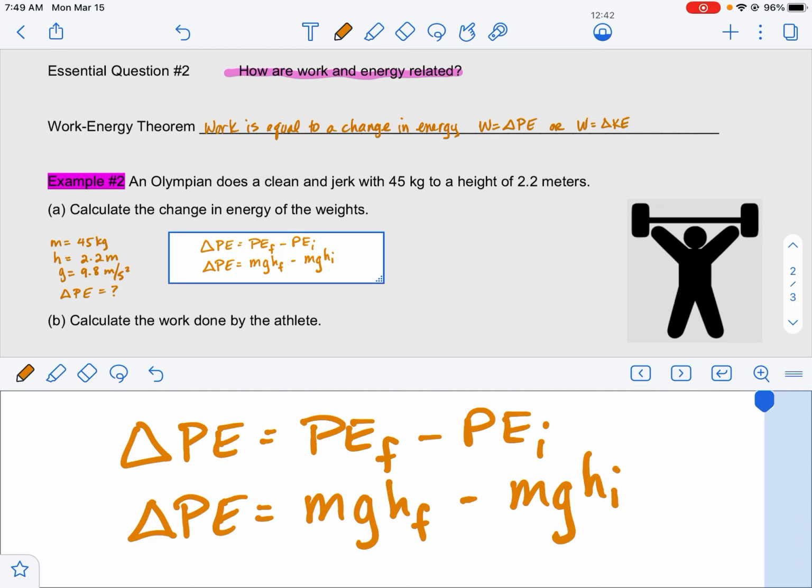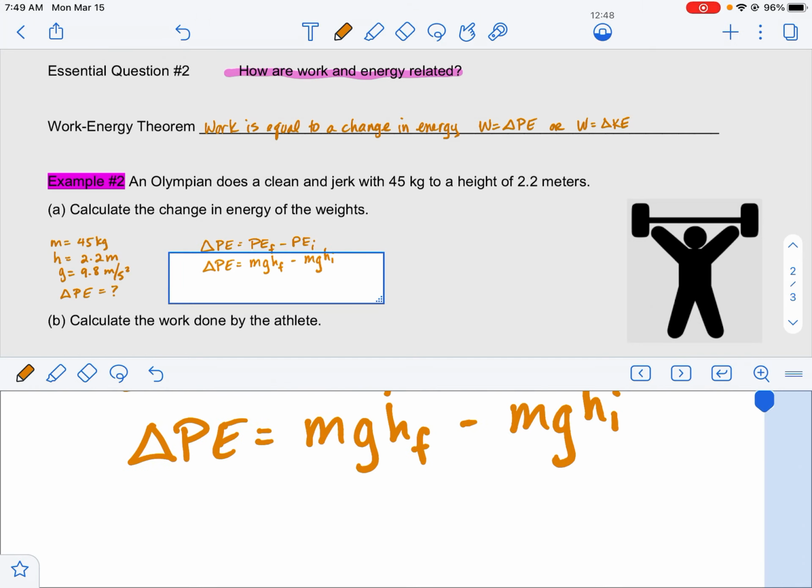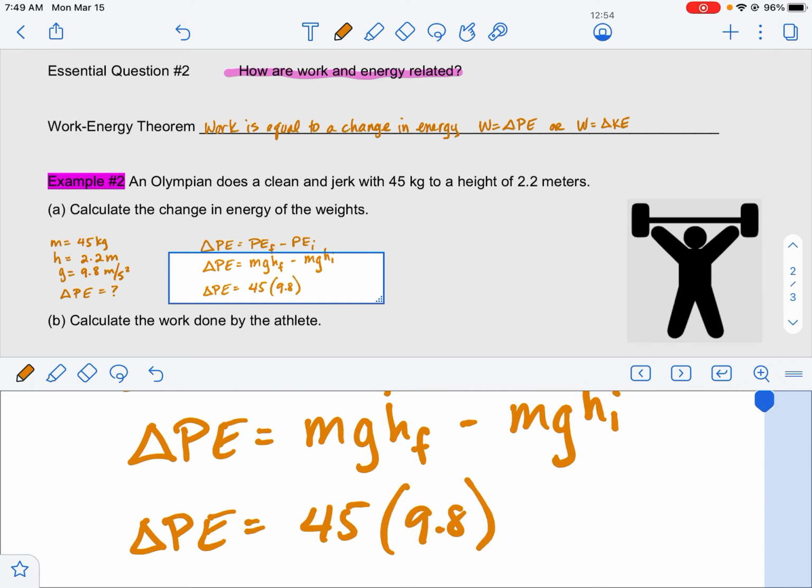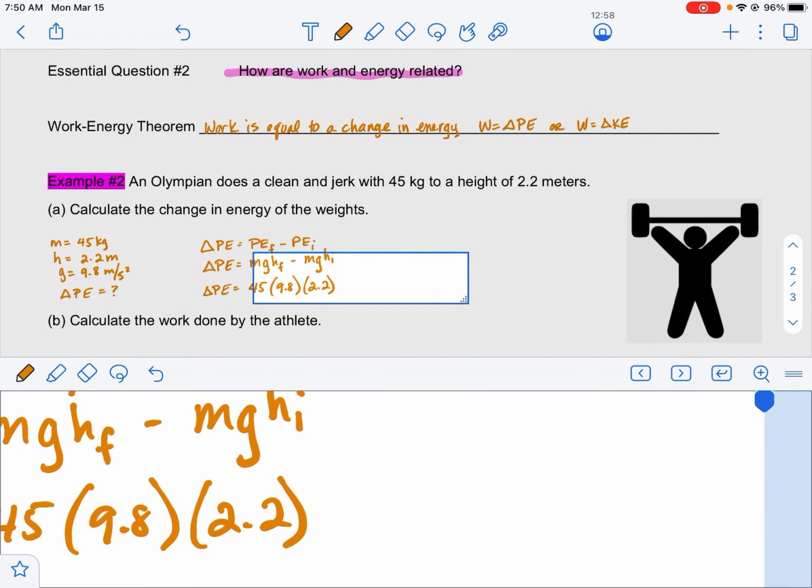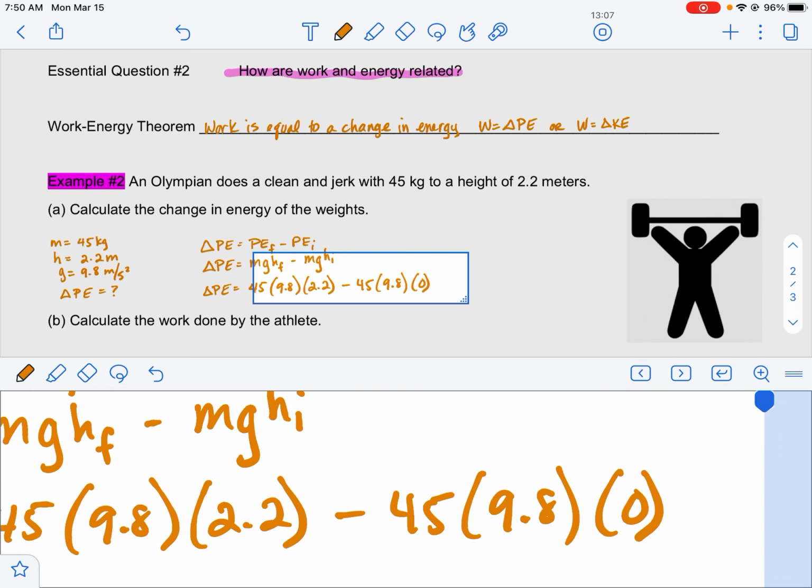Mass isn't going to change, acceleration due to gravity isn't going to change, but the height, that's going to change. So if I keep going, I can fill in the change in potential energy is 45, right? That's the mass, times 9.8, and 2.2 meters off the ground is where we ended up. Minus 45, that's still the mass, 9.8, that's still acceleration due to gravity, but these weights started on the ground, so my initial height was 0.